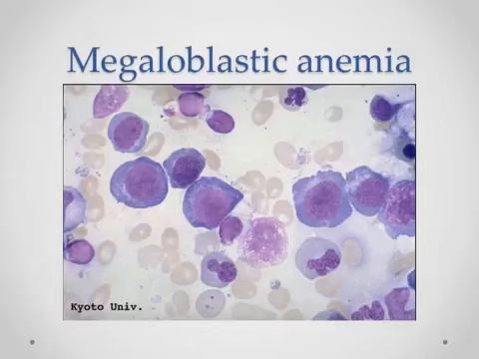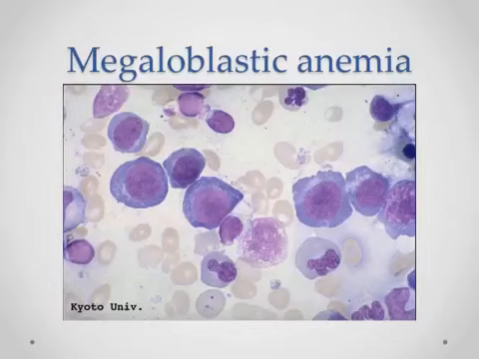So in megaloblastic anemia, there is deficiency of B12 and folic acid. Both of them are very important for DNA building, DNA maturation, meaning nuclear maturation. And we said before that in nuclear maturation in the erythroid series, the nucleus becomes condensed, smaller, then it is extruded outside the cell.